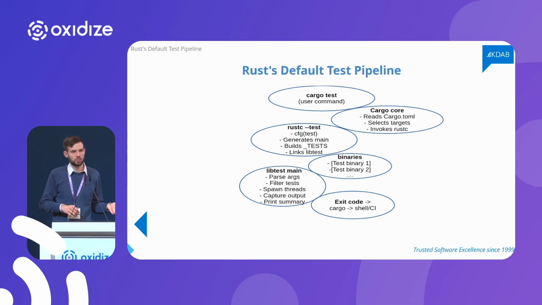So cargo test will just call your binary once, and your binary will run all the tests. Cargo nextest calls your binary multiple times and executes each test individually, collects them differently, which allows you to parallelize differently. So yeah, that's a good thing to mention.